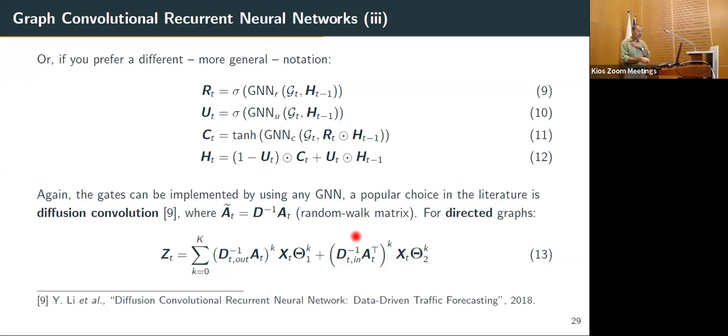Here in the bottom, you have the equations for when the graph is directed. When the graph is directed, it means that in my topology matrix, the adjacency matrix, I know that there are connections to me and connections coming out from me. So I receive information from some of you, and my output goes to some of you. There is direction, there is causality.